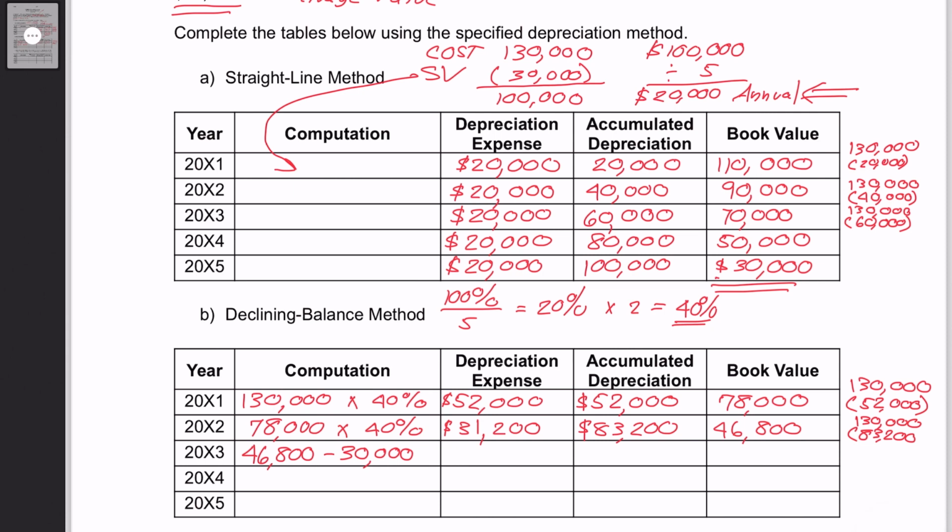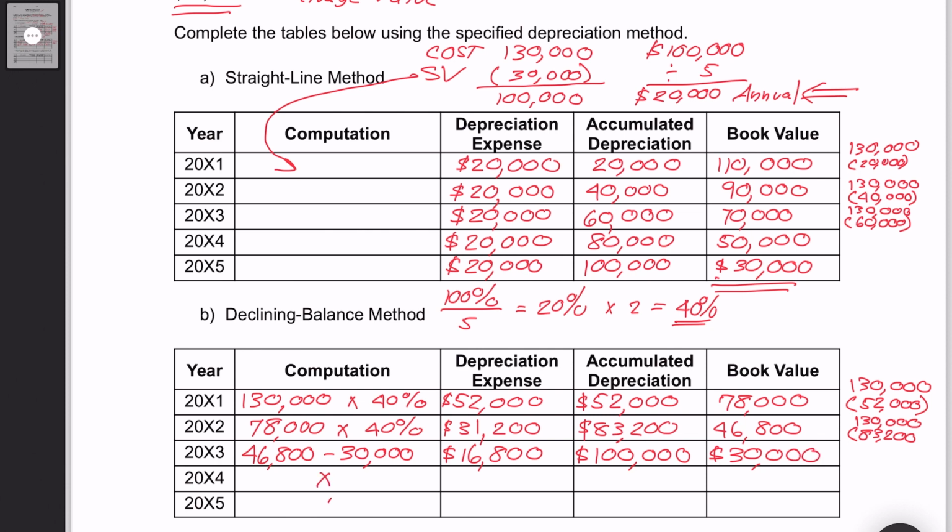So when I go ahead and look at these two, I see that the amount of depreciation expense I can recognize this year is only going to be the $16,800, which is going to give me an accumulated depreciation of $100,000. And it gives us our book value of $30,000.